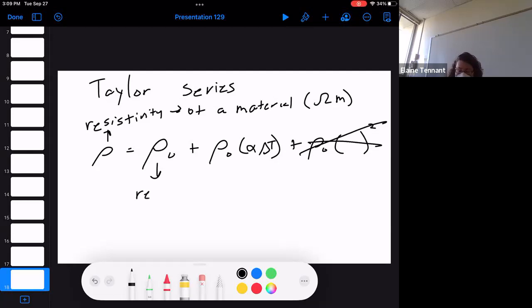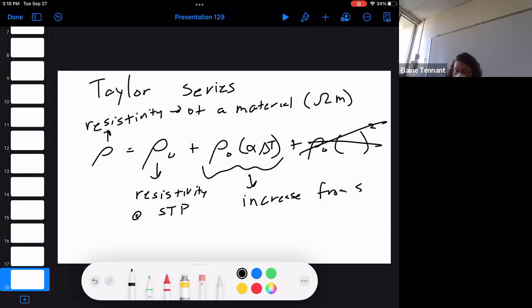So resistivity at, I haven't looked this up, but I'd bet strong money, standard temperature and pressure. Like the resistivity at room temp. And then here's this term that will tell us how much the resistance will increase if you go up by some delta T, an increase from STP.